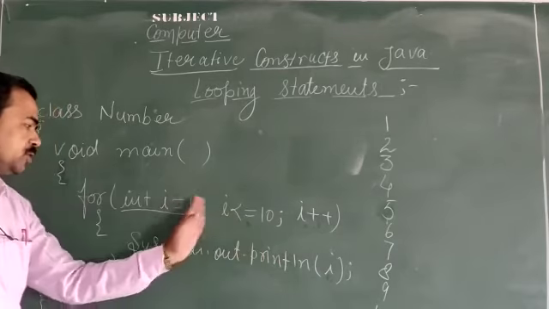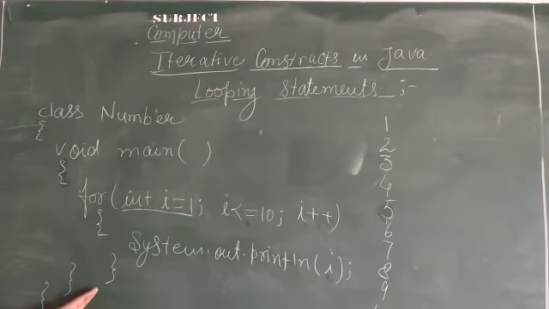When condition is false, we will move out from the loop. That means at this point, after the loop is there anything? Nothing. So close curly bracket for function and close curly bracket for class. Program is complete. Got it? Any confusion? Okay.